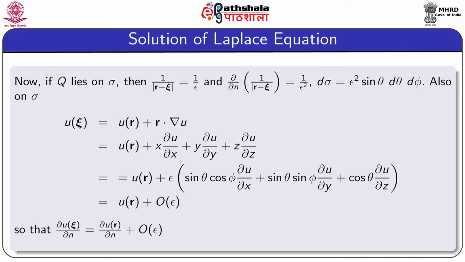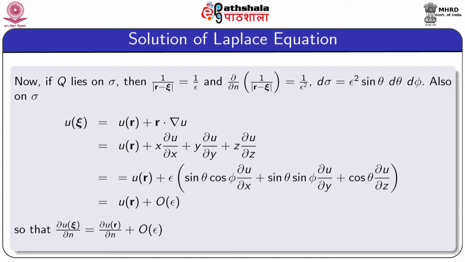Therefore, on sigma we can write u xi is equal to u r plus r into grad u. So, that equals u r plus x del u del x plus y del u del y plus z del u del z. So, this equals, if we substitute the values of x, y, z here, it takes the form which you can see here.